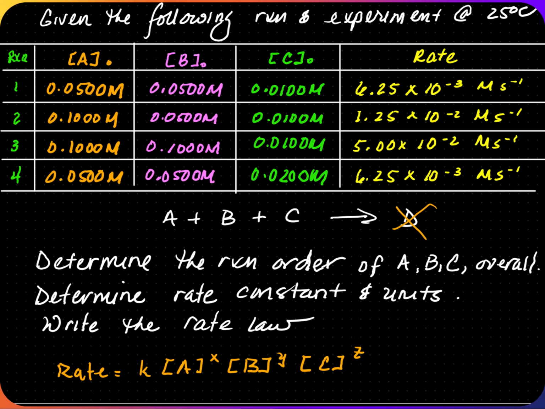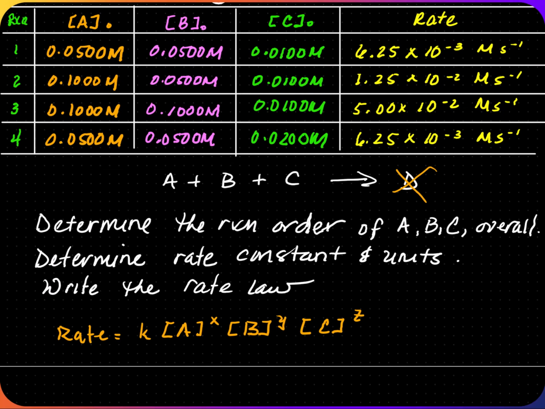If I look at my table, I see that in experiment 1 and experiment 2, the A concentrations are different, but B and C are the same. So I'm going to use experiment 1 and 2. I'm going to put 2 over 1, because if I do that, I'm going to have larger numbers rather than decimal numbers, which is a lot easier to proceed with the math.